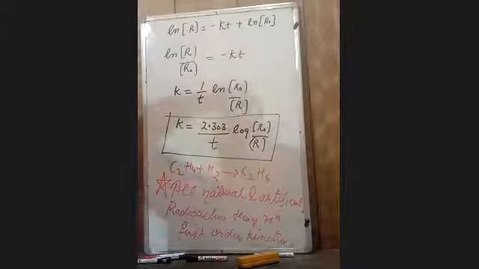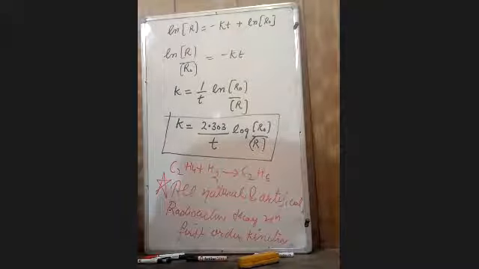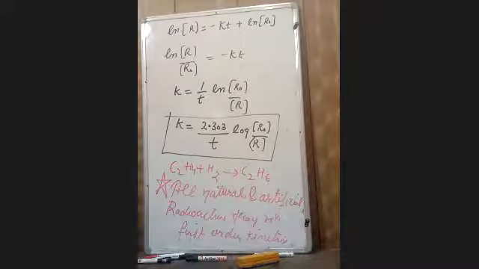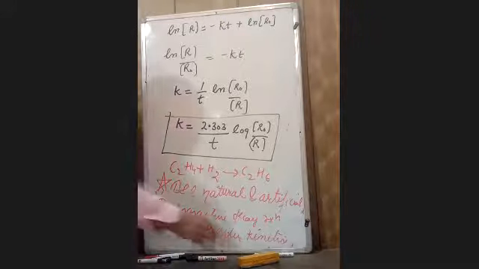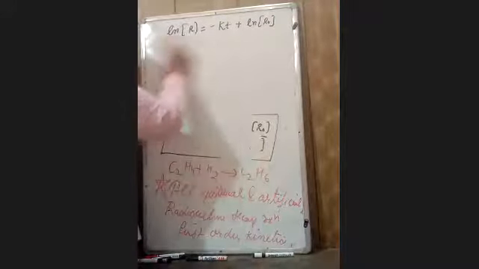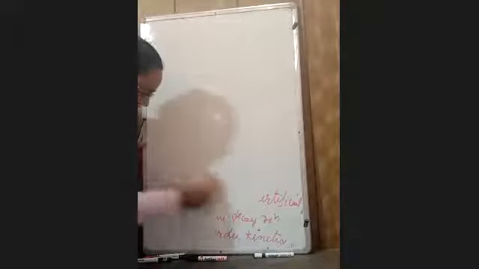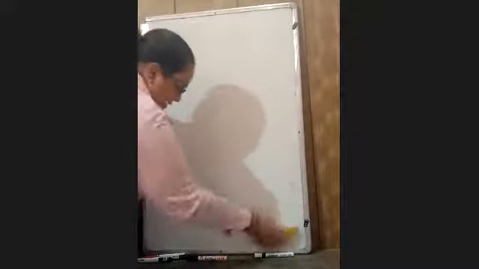It is understood that whenever it is artificial or natural radioactive decay, it is an example of first order kinetics. For example, when we are doing radioactive decay, it is an example of first order kinetics.